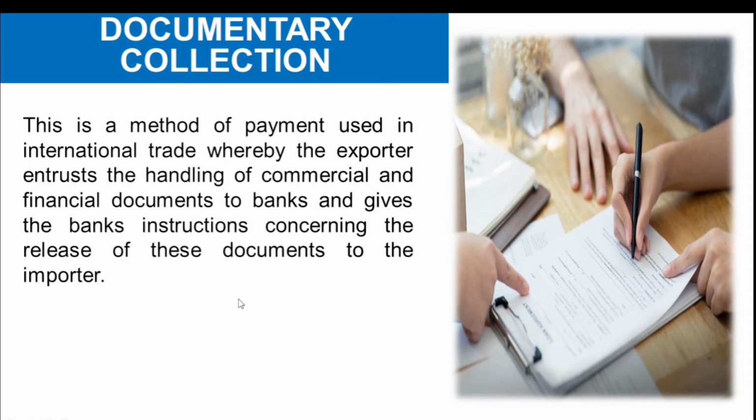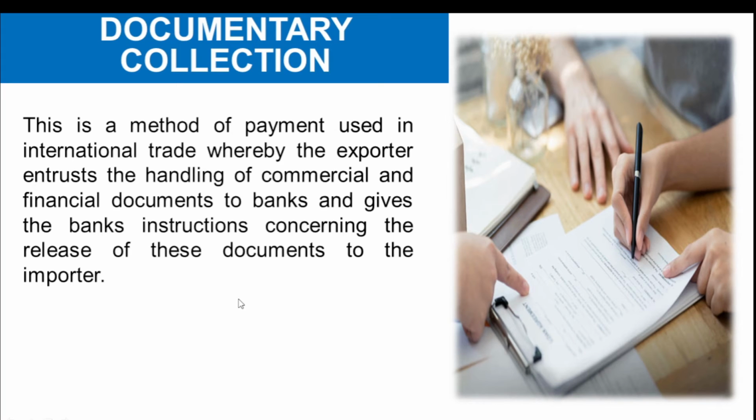The seller can give instructions that this is the payment amount that needs to be collected from the buyer. These are all the goods that are being shipped to the buyer. So there will be certain instructions given. According to those instructions, the documents will be handled, the covering will be made by the seller's bank, and then those documents will be provided to the importer's bank or the buyer's bank.